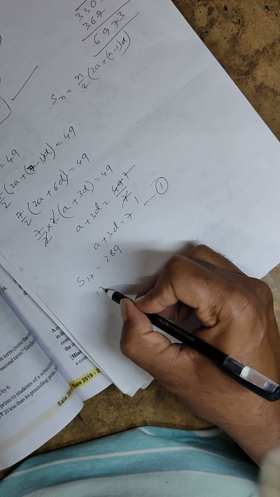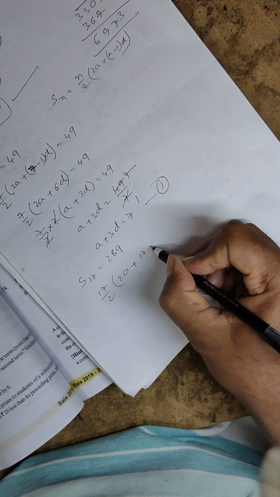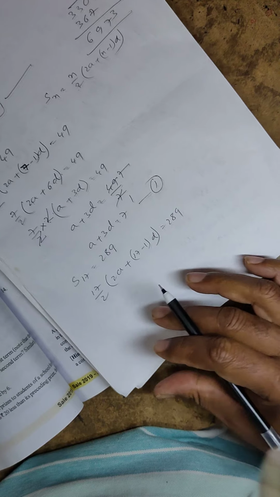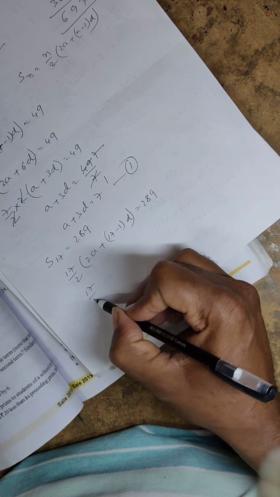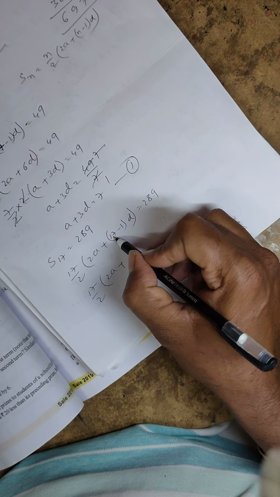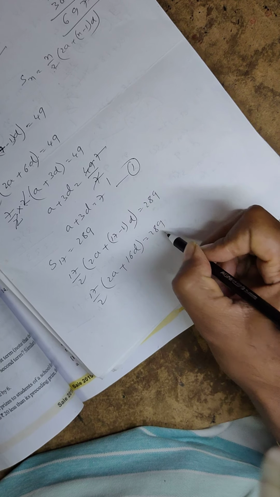So 17 by 2 into 2a plus 17 minus 1 into d is equal to 289. Keep 17 by 2 here only. 2a plus, from 17 if you subtract 1 you get 16, 16d is equal to 289.